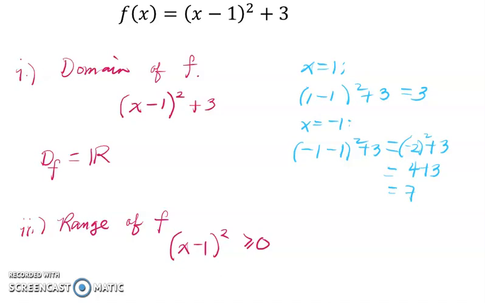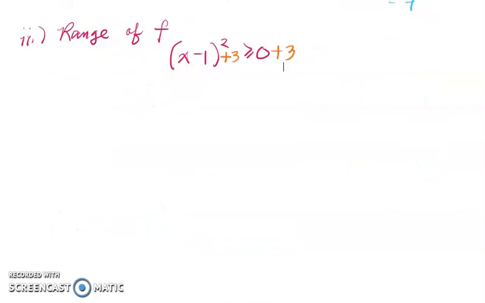And if we add 3 to both sides of this inequality, in effect, this one here is just f of x. So meaning f of x is greater than or equal to 0 plus 3. So f of x is greater than or equal to 3, right?